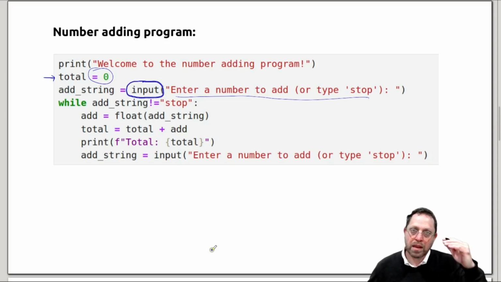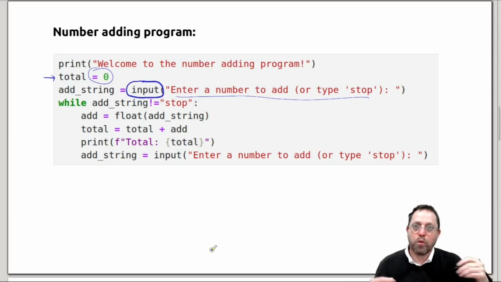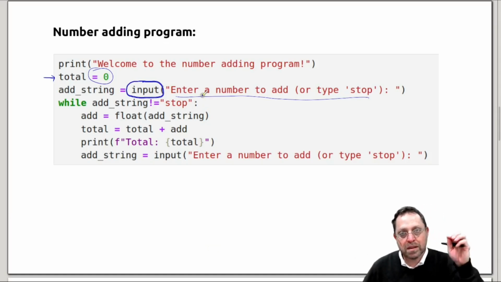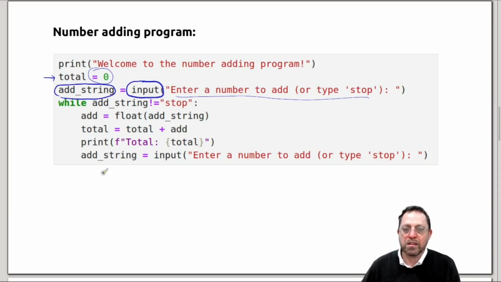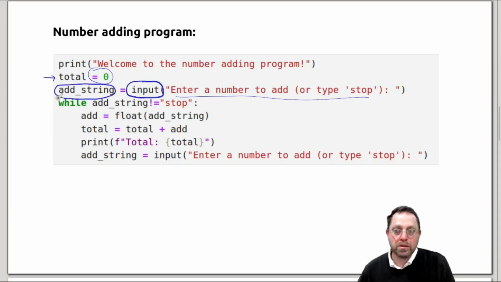Input is the one that is going to create this little prompt and then wait for the user to enter some string, be it a number or be it stop or any other string. And then once the user presses enter, it's going to assign that string to this variable that I've called add string. And then we reach our while loop.